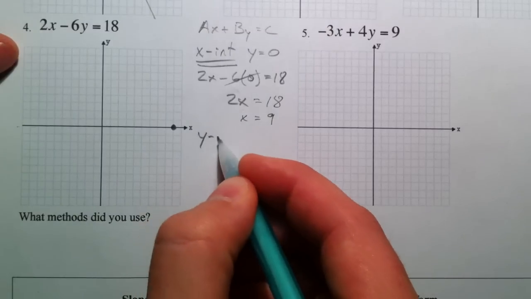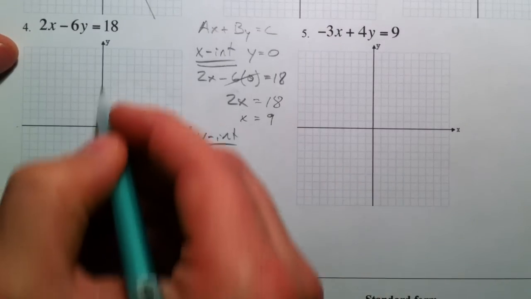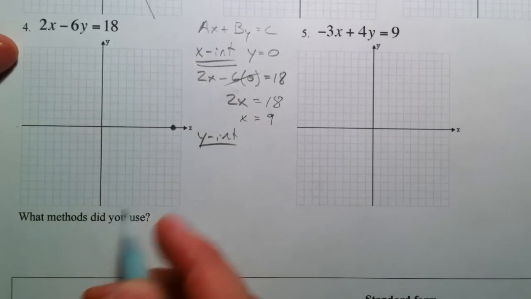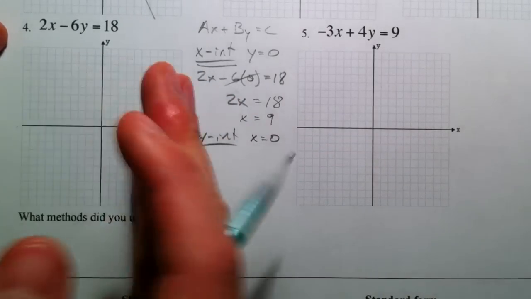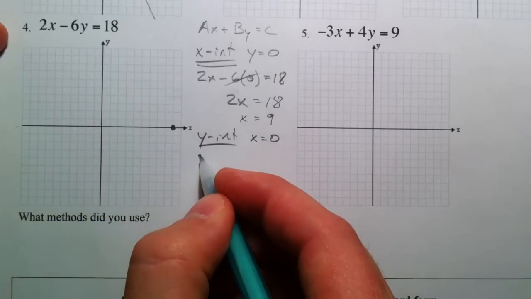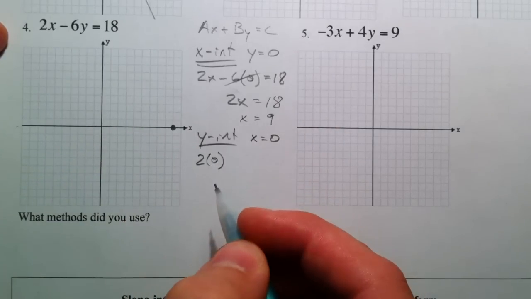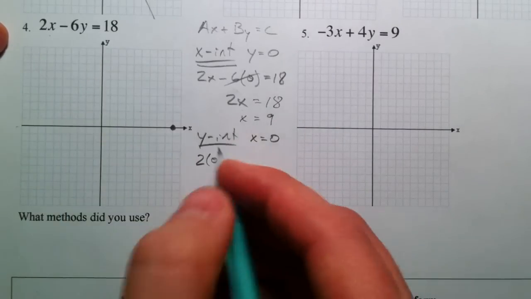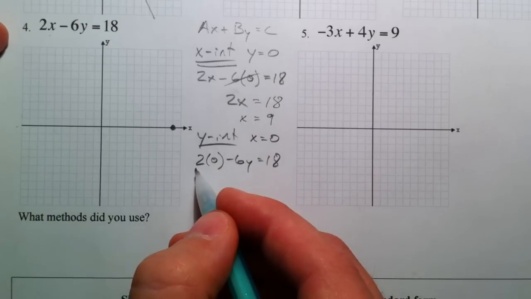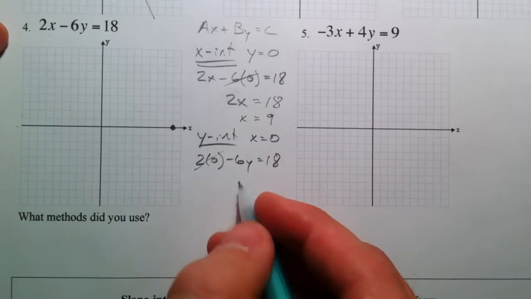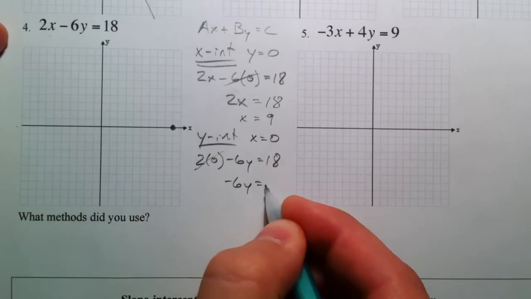Our y-intercept, where it crosses the y-axis, well, that's where x equals 0, because you haven't gone left or right at all. So if you plug in a 0 for x, 2 times 0, minus 6 times y equals 18. Then 2 times 0 is 0, minus 6y.